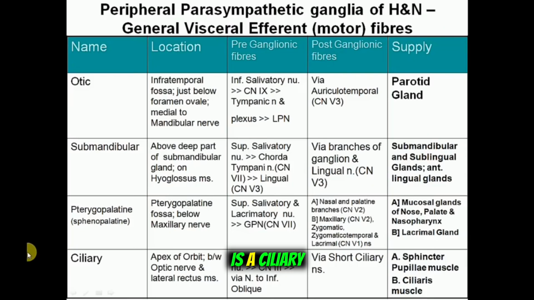The last ganglion is the ciliary ganglion, which is located near the apex of orbit between the optic nerve and the lateral rectus muscle. The preganglionic fibers arise in the Edinger-Westphal nucleus, which will pass via the oculomotor nerve, and then via the nerve to inferior oblique will relay in the ciliary ganglion.